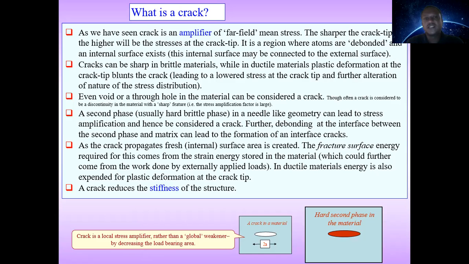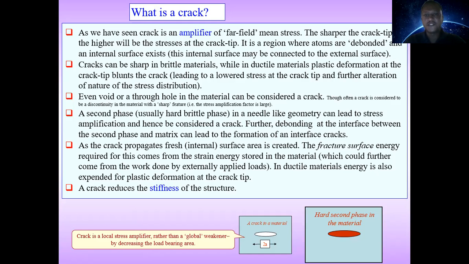What is a crack? That is a question. As we have seen, a crack is an amplifier of a far field stress. The sharper the crack tip, the higher will be the stresses at the crack tip. It is a region where atoms are debonded and an internal surface exists.